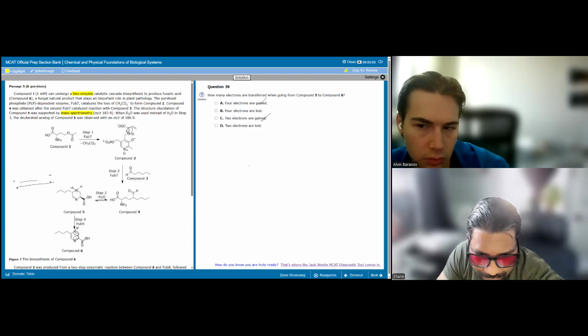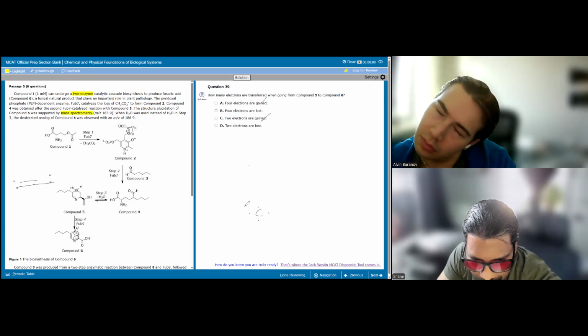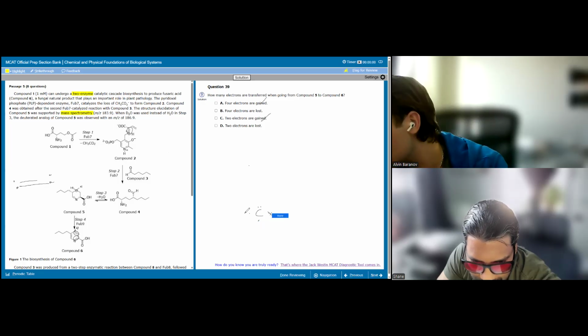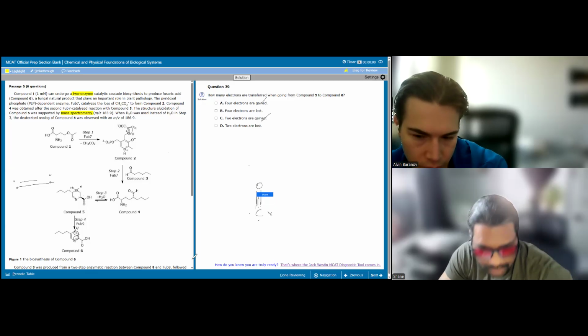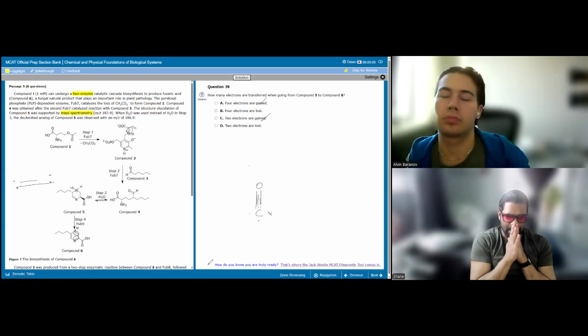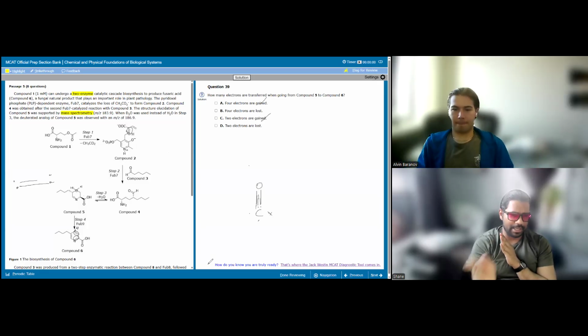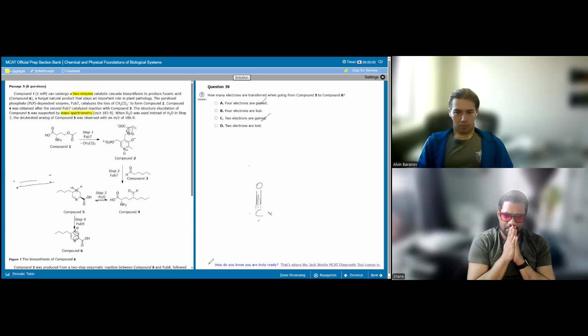Because if we have carbon with one, two, three, four, and this is oxygen, carbon has four electrons and makes a double bond. Oxygen gains two.